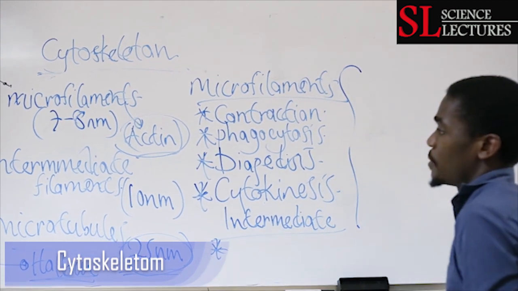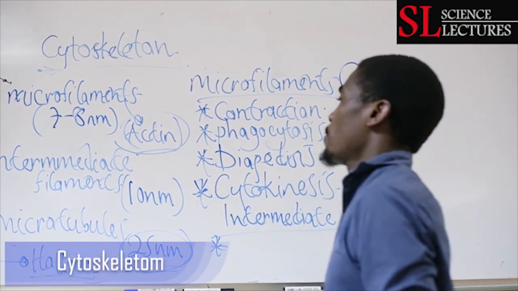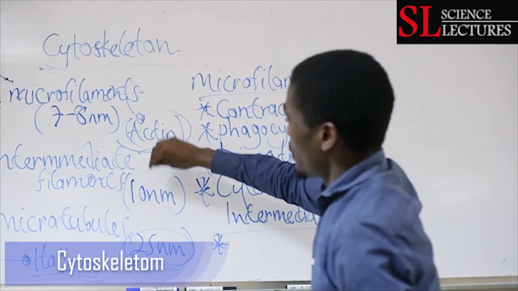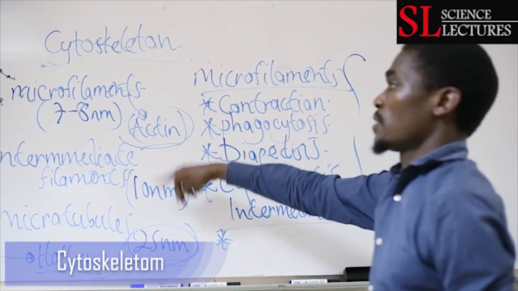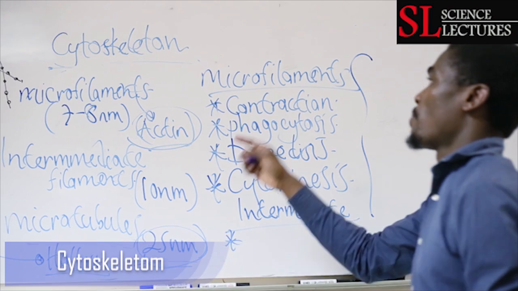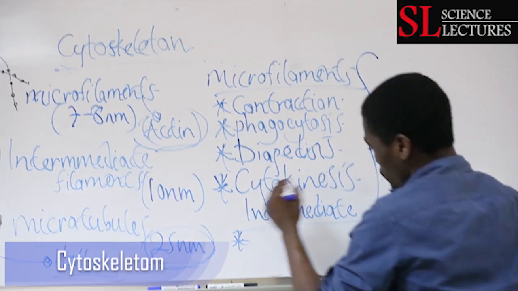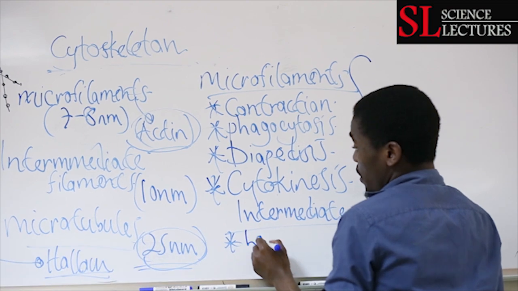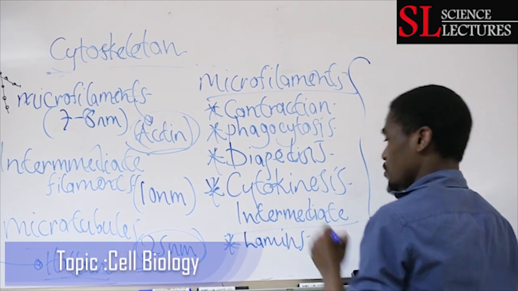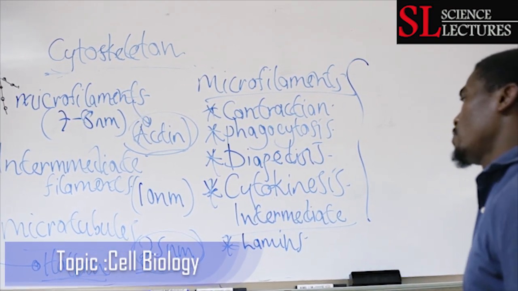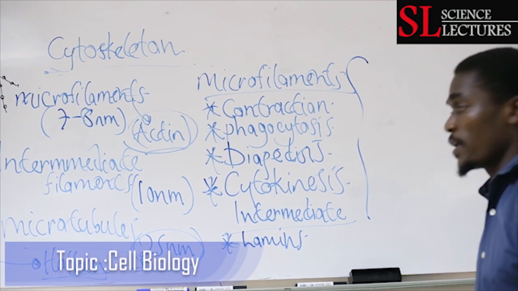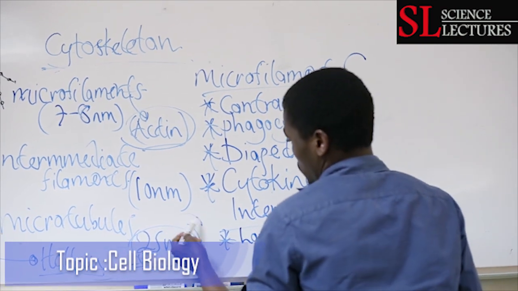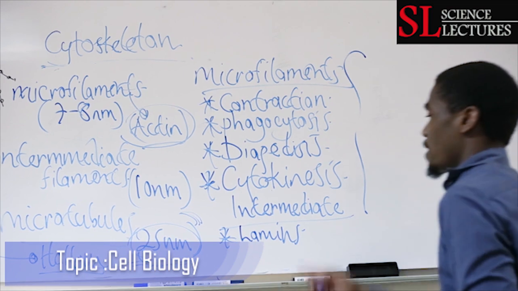Remember, we said they are around 10 nanometers, so they have a larger diameter compared to the microfilaments. Examples include the nuclear lamins. We talked about the lamins in our video on the nucleus, and we said the inner membrane of the nuclear envelope is surrounded by these lamins.